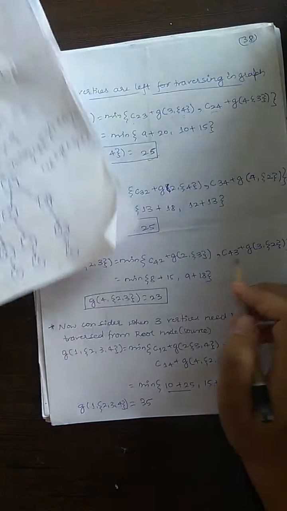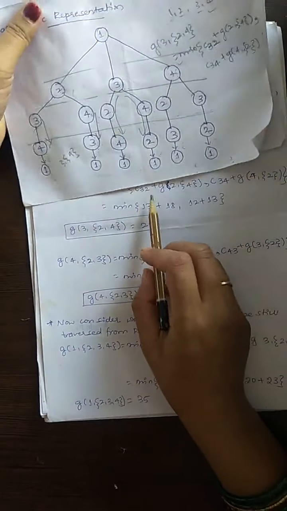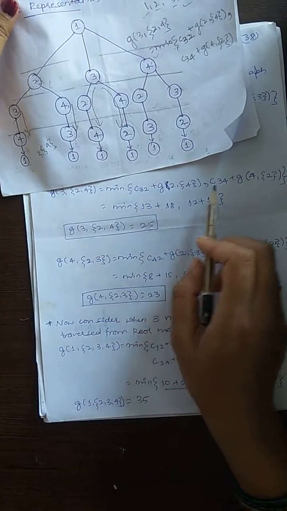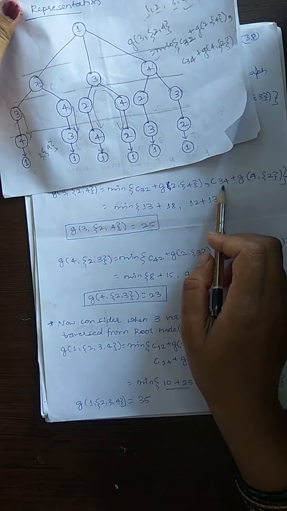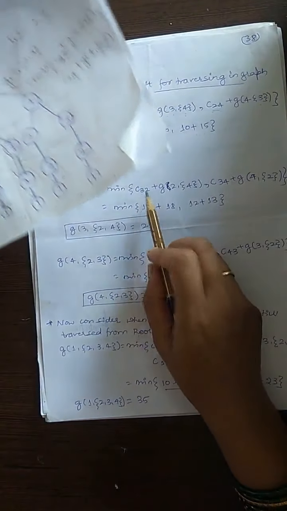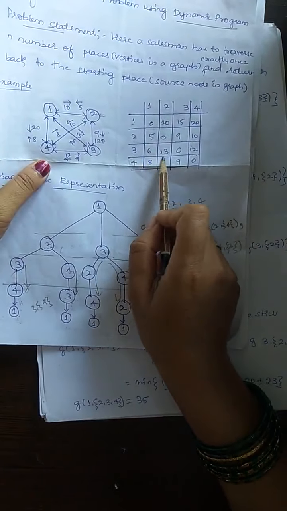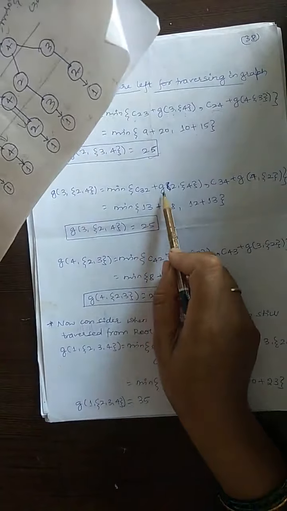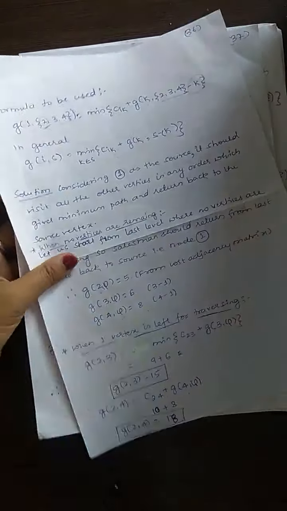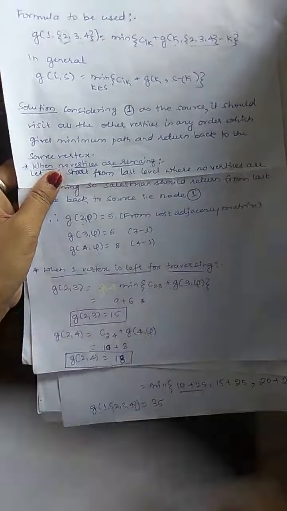Okay, let us see if we have got the same answer or not. Yes, C of 3 comma 2 plus G of 2 comma 4, or C of 3 comma 4 plus G of 4 comma 2. So what is 3 2? C of 3 2 is 13. 13 plus G of 2 comma 4. So G of 2 comma 4 is how much? G of 2 comma 4 is 18 here.